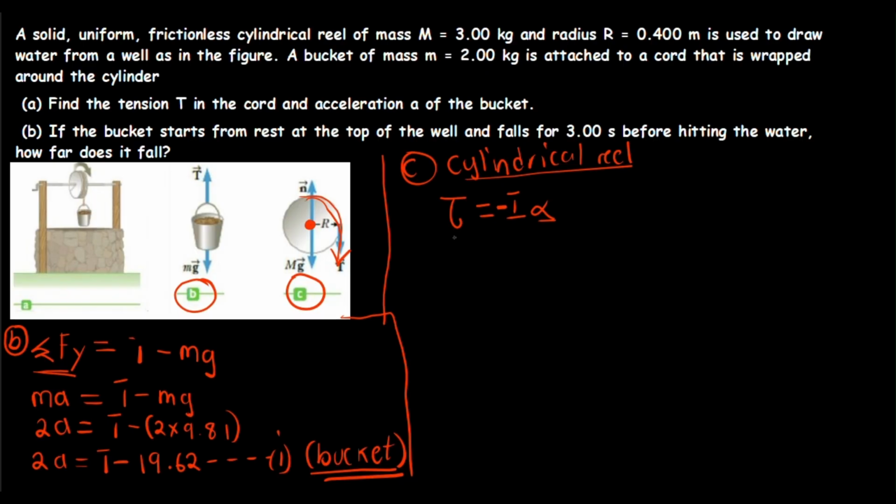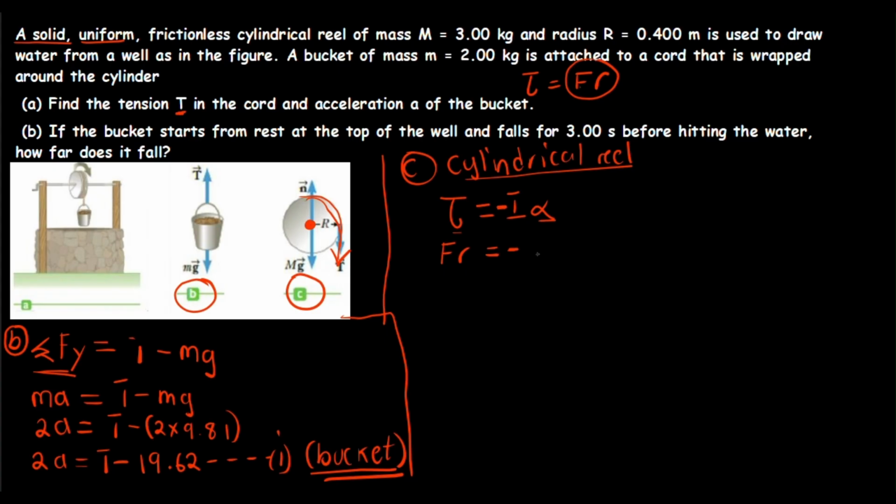Now remember the equation of torque. Another equation of torque is force times radius. Why am I saying force times radius? Because I'm calculating the tension, so I need to put that one. The moment of inertia will also change because I'm calculating the linear acceleration. Remember, they have said in the question that it is a solid uniform cylinder.